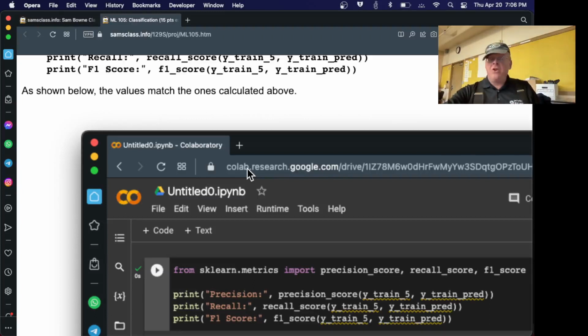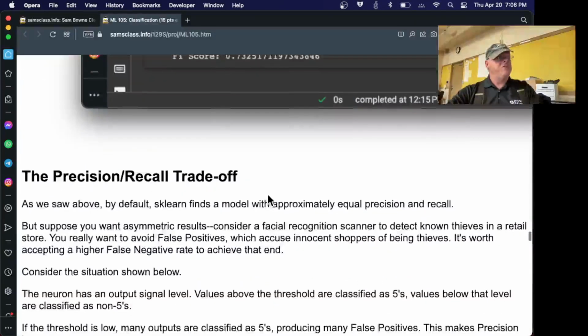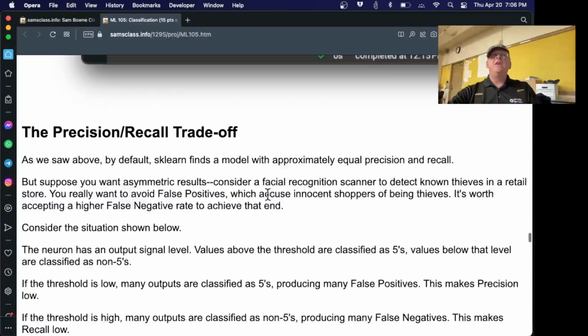So that sounds good, but you can adjust it. By default, it will pick a central value to make the precision and the recall similar, because that's normally what you want in the general case. But suppose you don't want equal amounts of false positives and false negatives. Suppose you're making a facial recognition scanner to detect thieves in a retail store. You want to detect the thieves, but you really do not want to accuse innocent customers of being thieves.